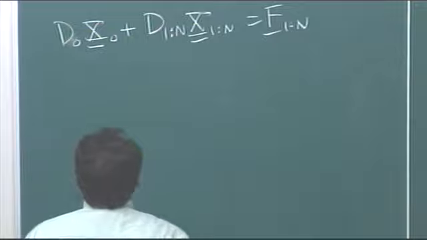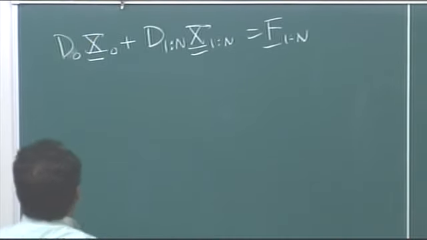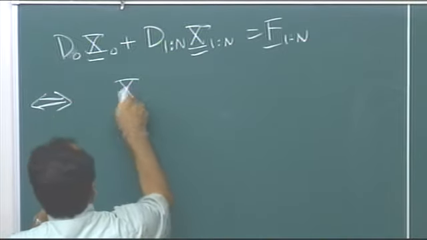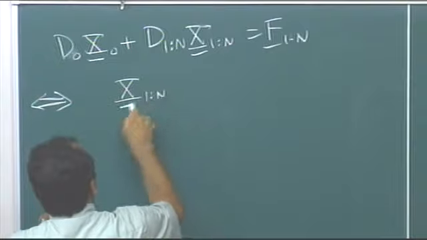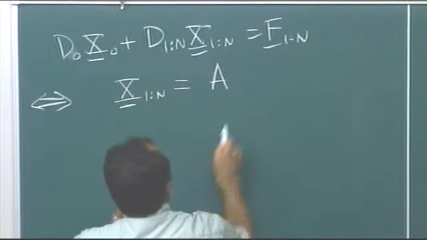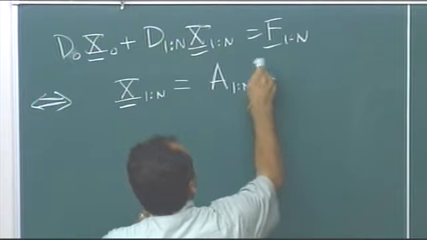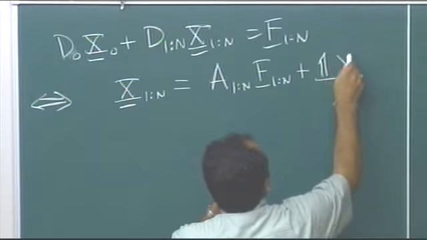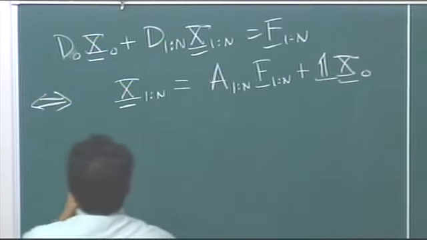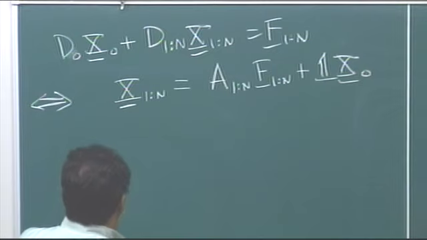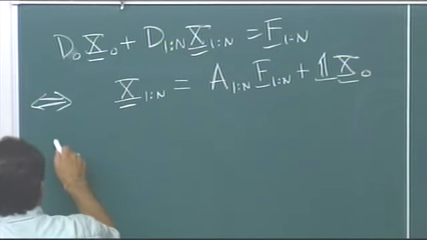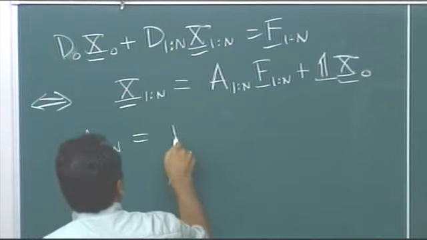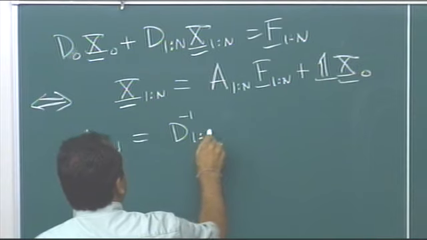And then I said that the system that we got actually has an equivalent integral form, which looked like this: x of 1 colon n is equal to this matrix A 1 colon n times f 1 colon n, plus 1 times x0, where I made the observation that these results had been proven, that A 1 colon n was equal to the inverse of D 1 colon n.